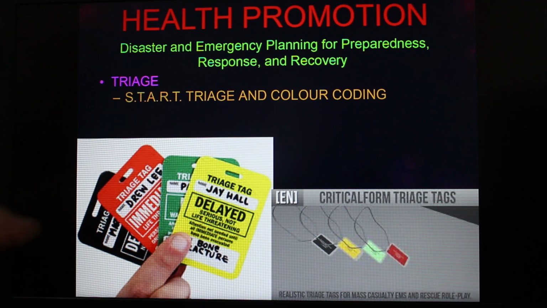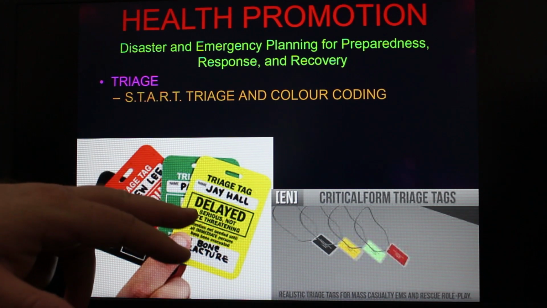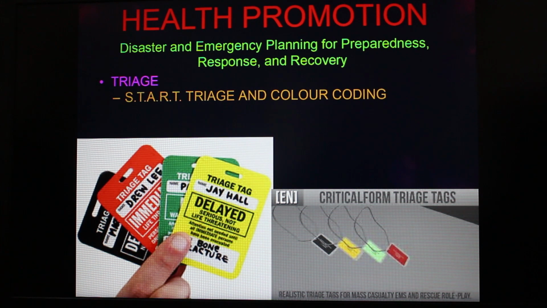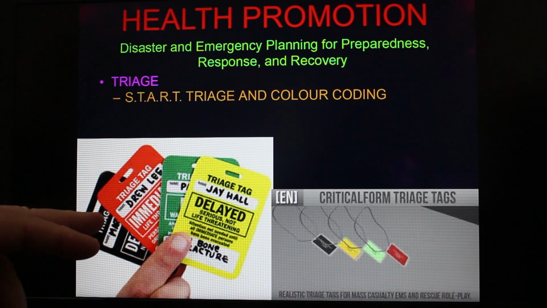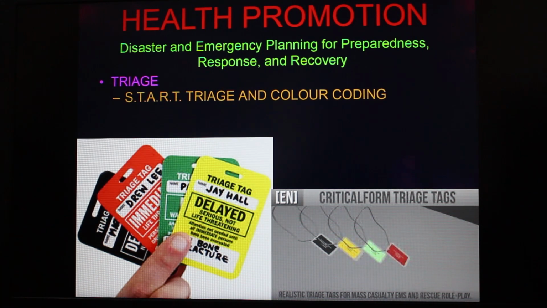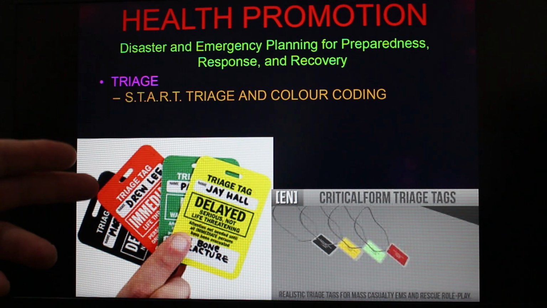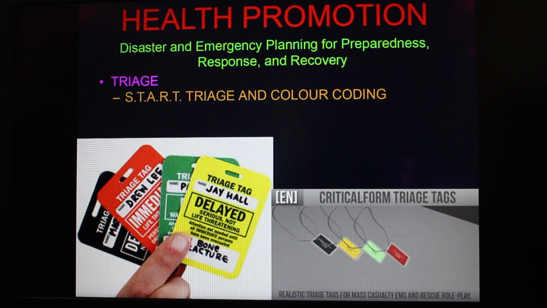You can see that there are the colors black, red, yellow, and green. These can be put on the wrists of the patients, or, in some disasters where people may be losing their extremities, they may be put over the head of the injured people depending on their situation.